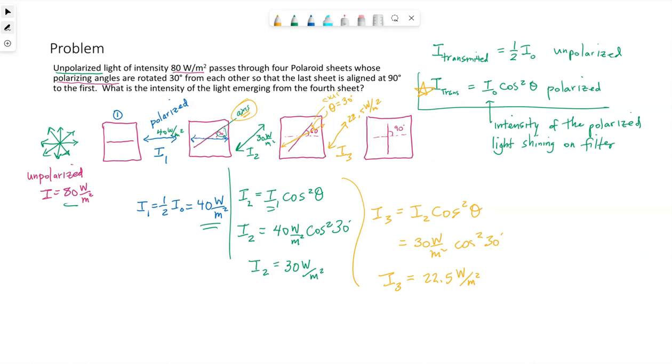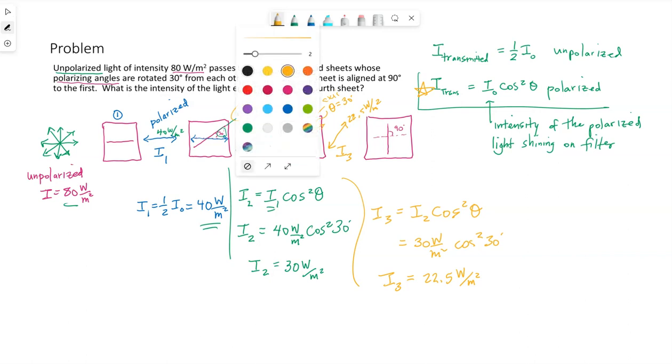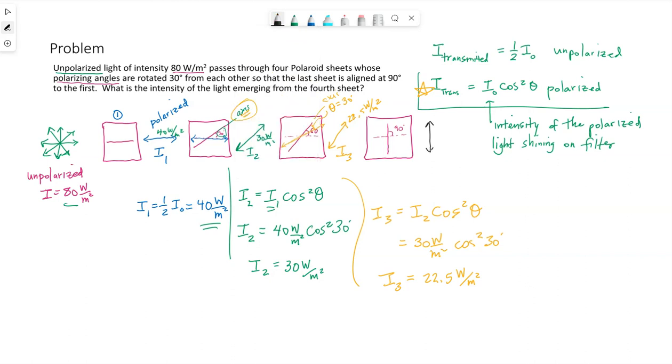We now need to take the light through the last filter. Some of the components are vertical. This is our I4. We're going to finally end up with polarized light. In the case of how I chose to draw the axes, this light finally is polarized vertically.